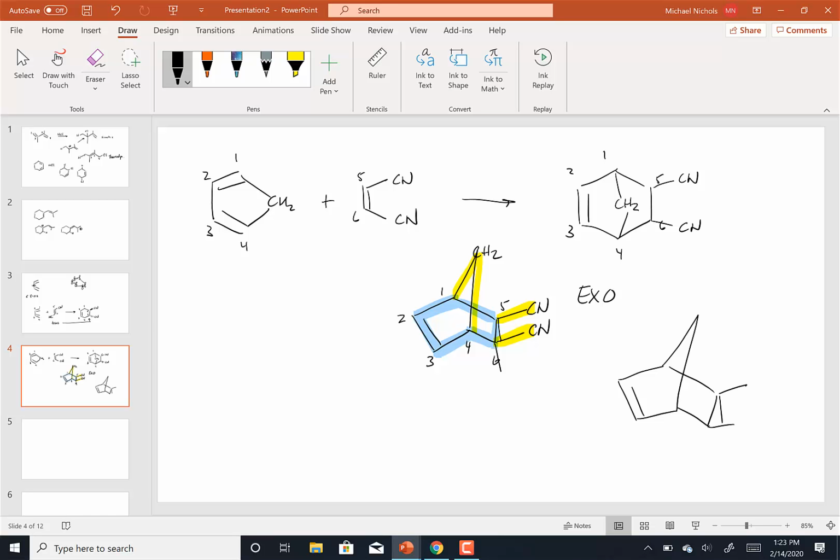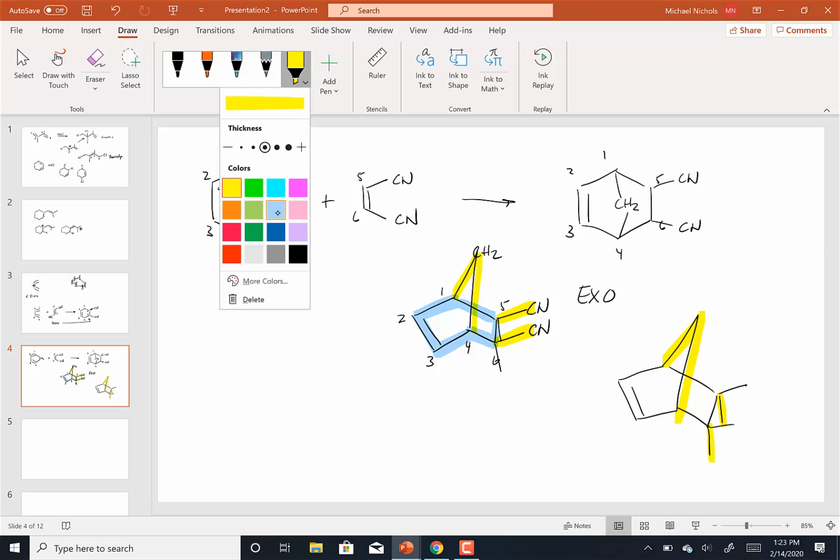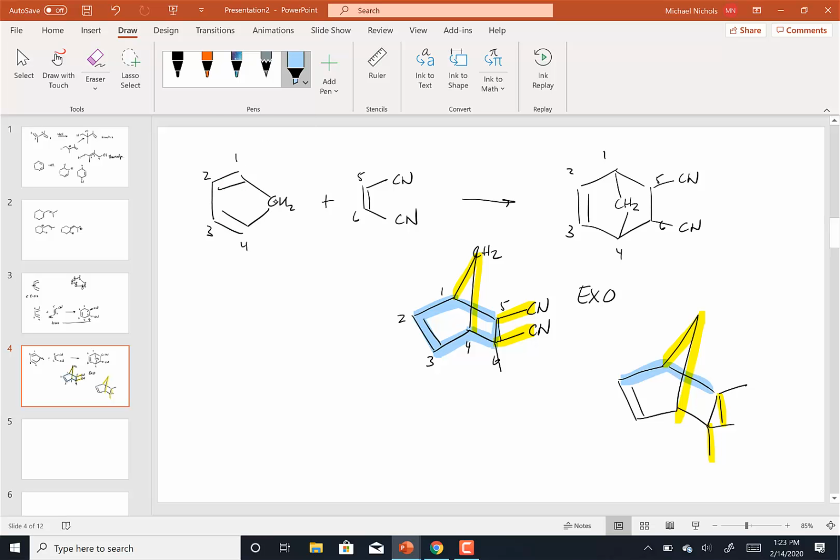So in this case, now I'm going to talk about the yellow positions where the bridge and the two groups are on opposite sides of that 6-membered ring.